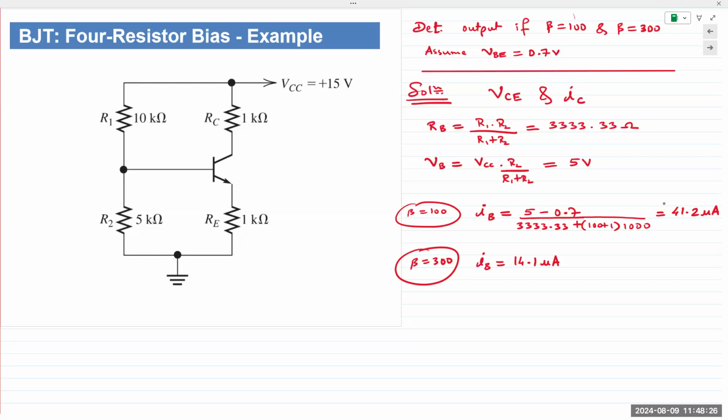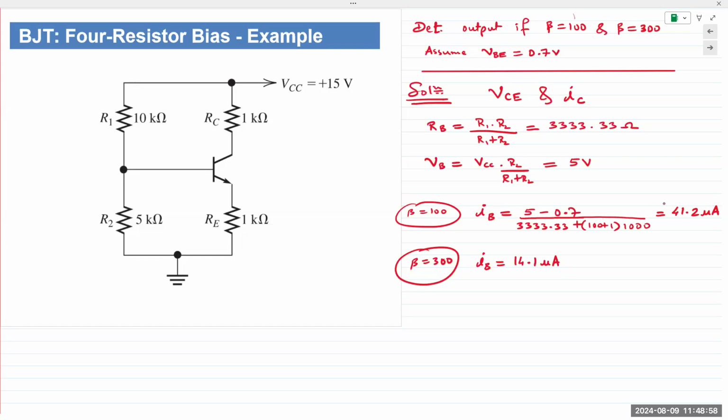Actually, not the circuit, the analysis has changed due to the same transistor, same model transistor, but a different value of beta. Your IB is now 41.2 microamps versus 14.1 microamps. Do you all see that?